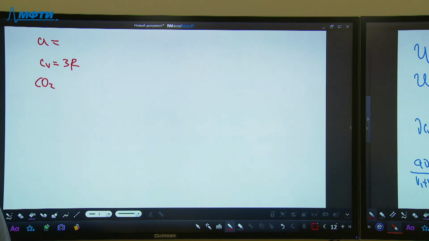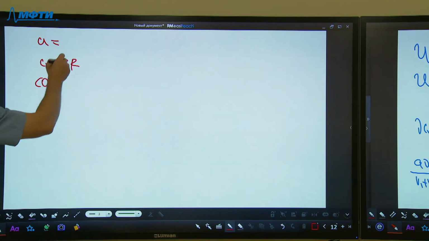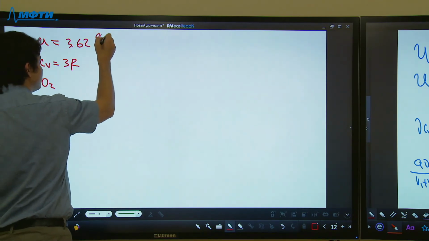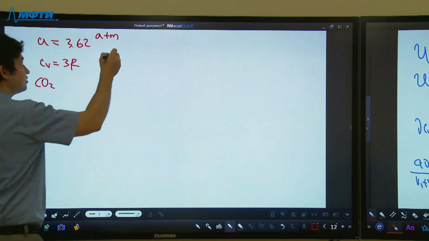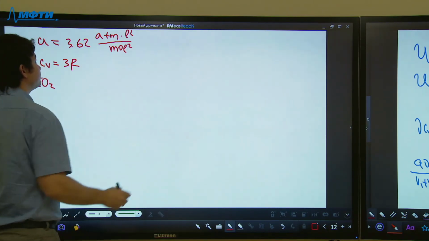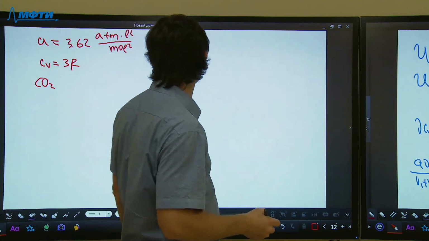Now let's look. For carbon dioxide, the van der Waals constant is 3.62 atmospheres times liter squared over mole squared.